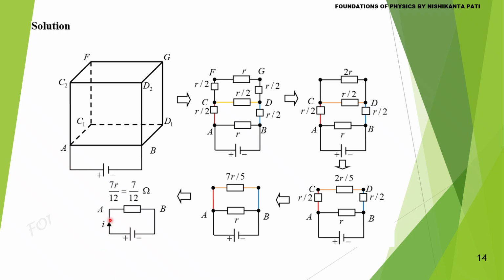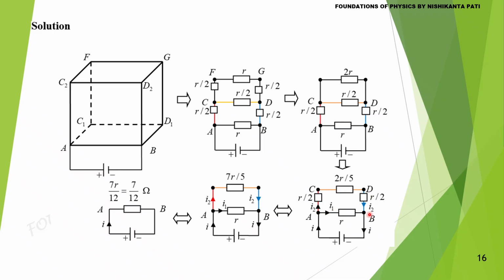Let current I flow. This I current will flow this way. Then this will be divided. Let I1 flow this way, I2 flow this way. I1 plus I2 must be equal to I. This 7R by 5 is the combination of these three resistors.